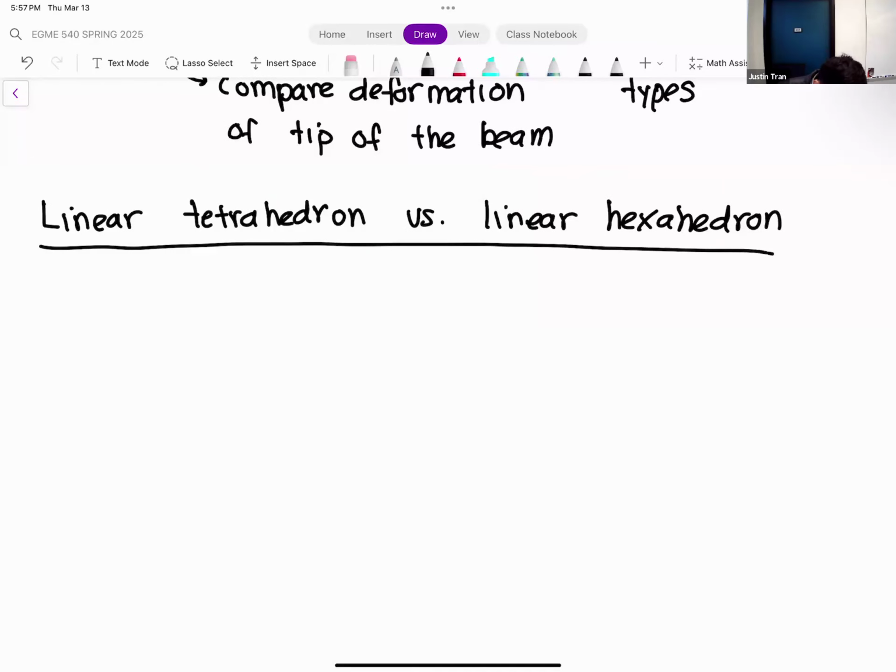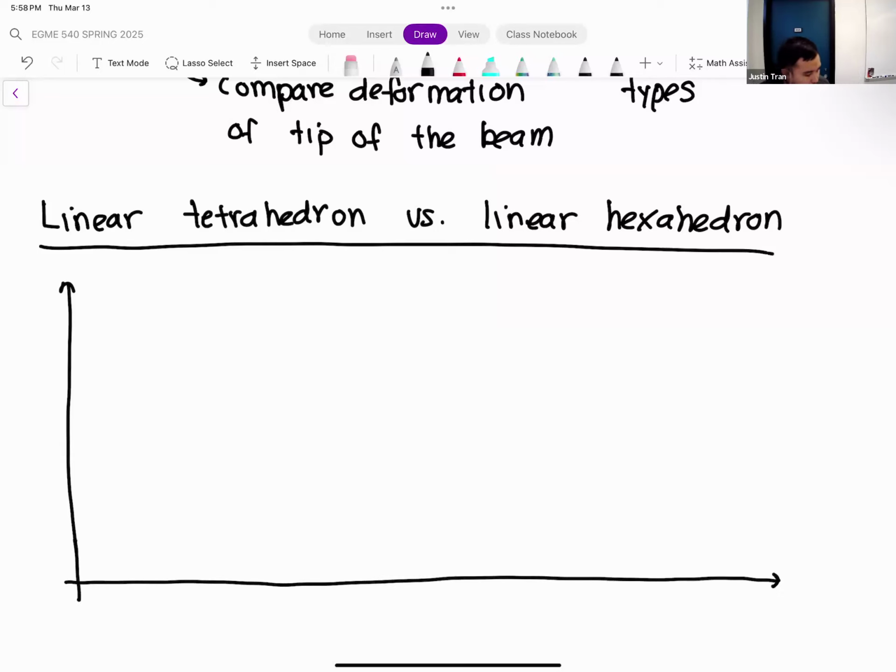Okay, so let me go ahead and draw the axes for our mesh convergence testing here. On the horizontal axis, we have the number of elements. Or you can do number of nodes, or the cost of the simulation. That's essentially what this is. And on the vertical axis, we're going to be measuring the tip deformation.